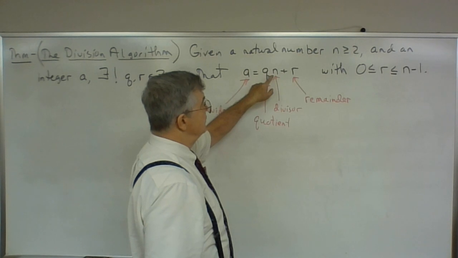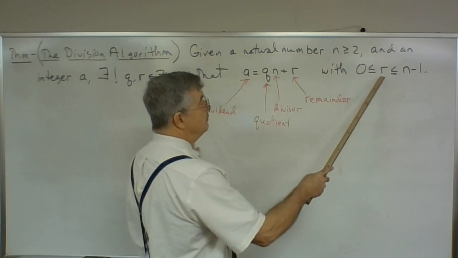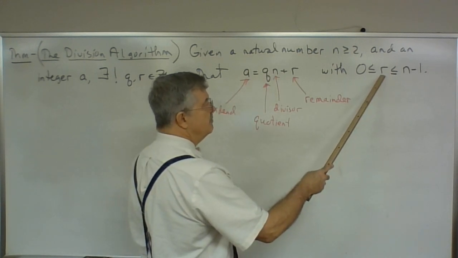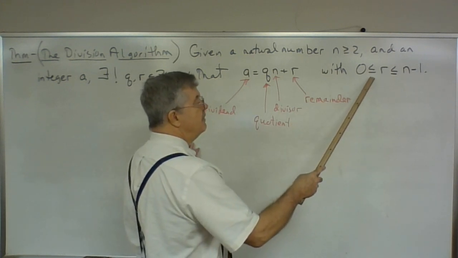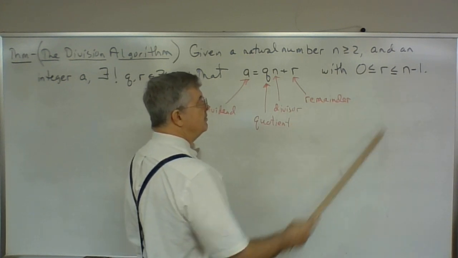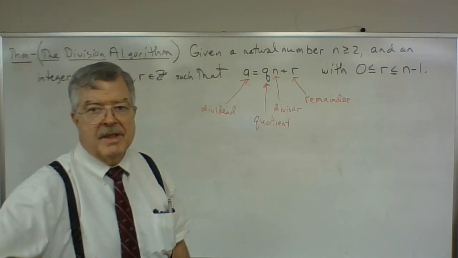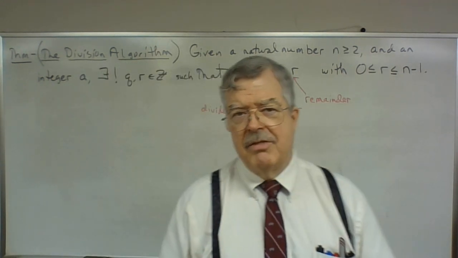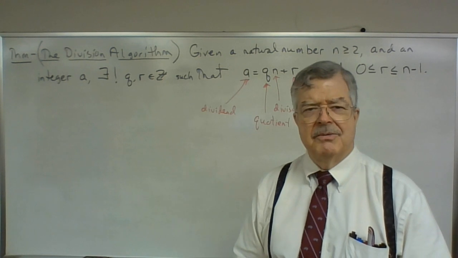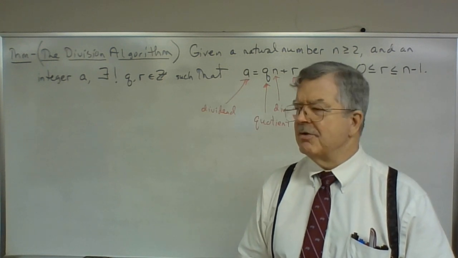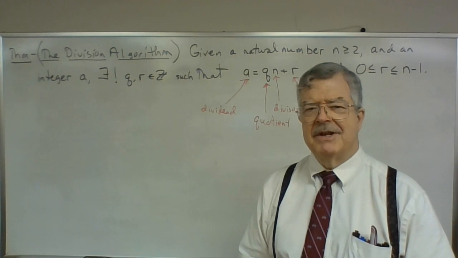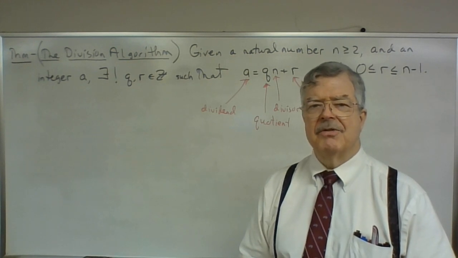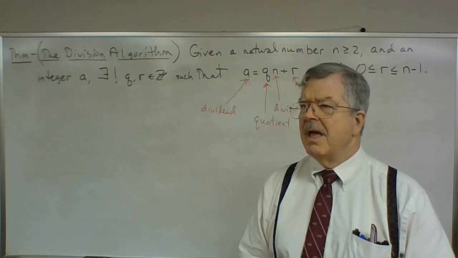Now, n is the divisor. So this is saying that the remainder has to be less than the divisor. The remainder is non-negative, and it has to be less than the divisor. This is the way that we were always taught to do long division, although we weren't told about quotients and dividends and so forth and so on.